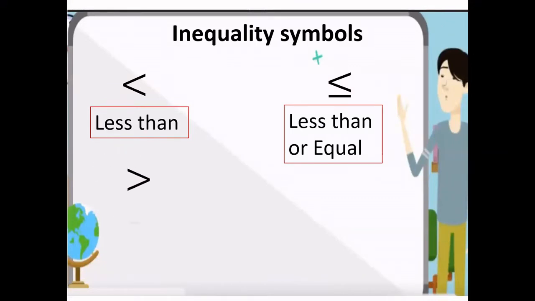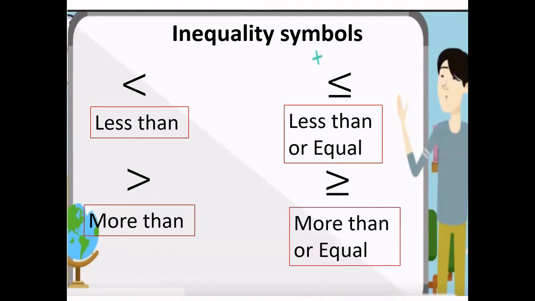Greater than, or you can also say larger than or bigger than. More than or equal. It can either be more than or it can be equal. And we have here not equal.